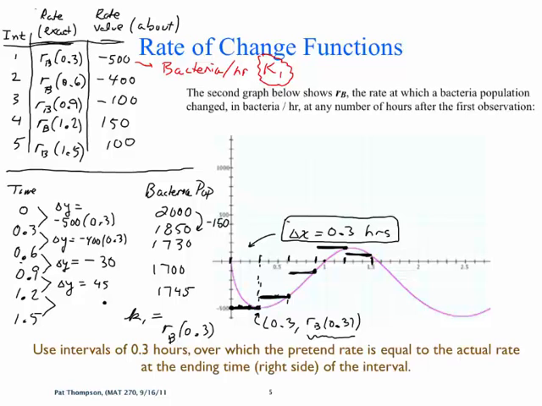Delta Y equals K delta X. The new population equals the old population plus delta Y. That's the two mathematical ideas here. What is this now? 100, another 30 added? Yep. So 1775.